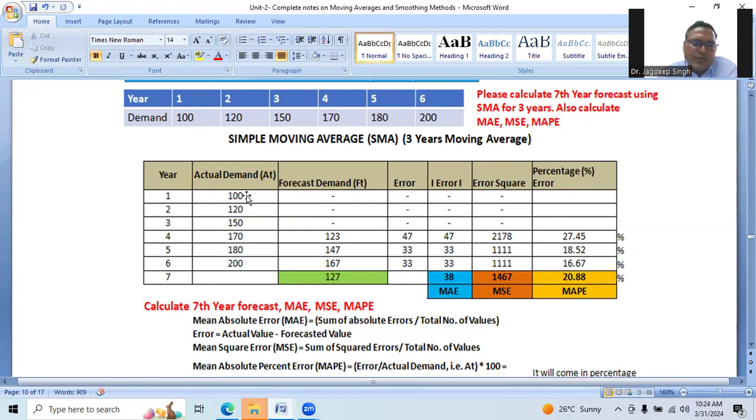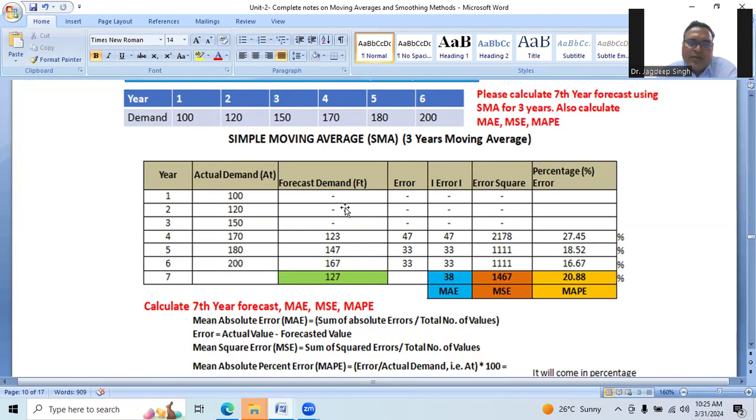The moving average may be 3, 5, 7, etc. Normally what we do is take 3 periods of actual data and start forecasting from the middle one. For example, take 3 years, 1, 2, 3. The first year data is 100, second year data is 120, and third year data is 150.